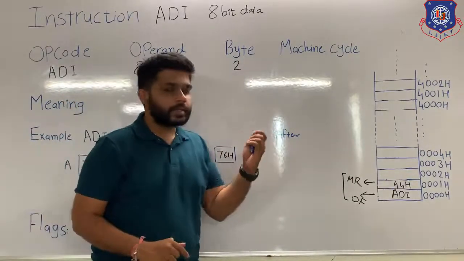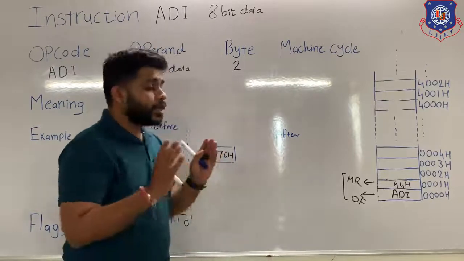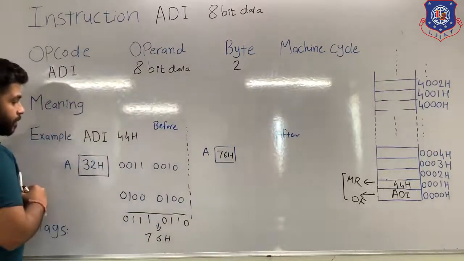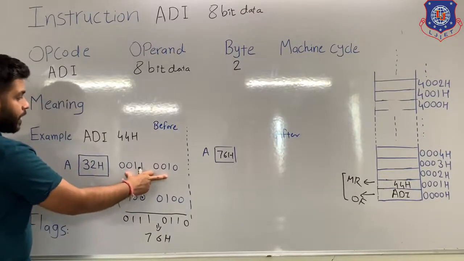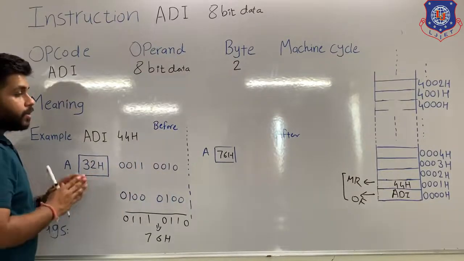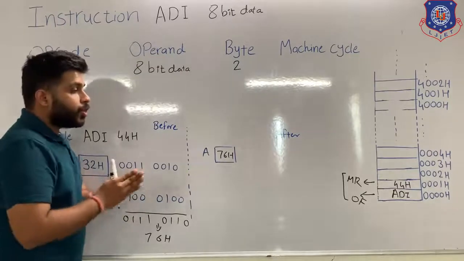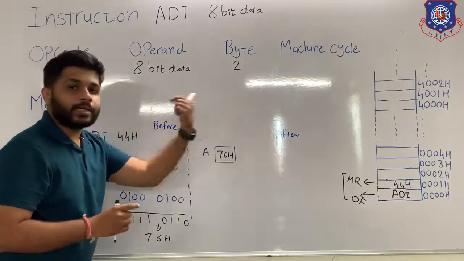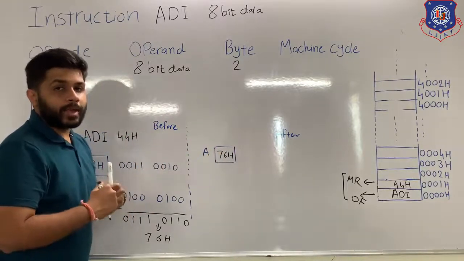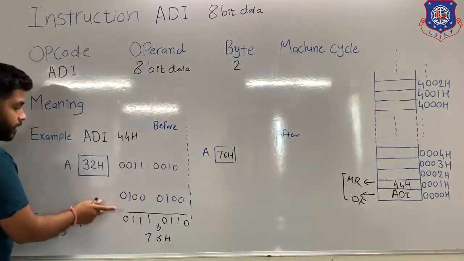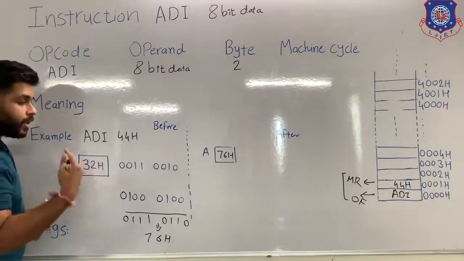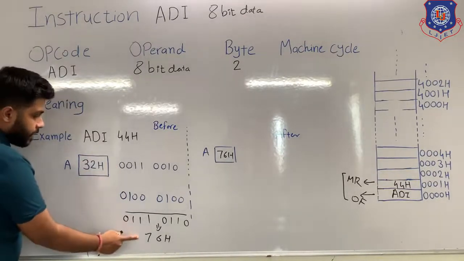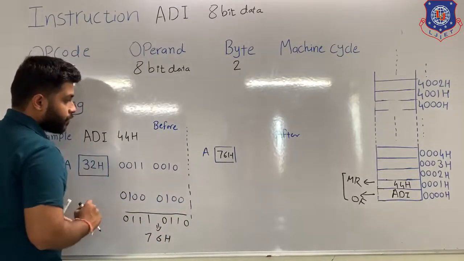Now pay attention during the execution process. During the execution, what is happening? The addition is being done between the accumulator and 44H. During the instruction read, the 44H is transferred from the memory to the microprocessor. So 44H is already present, and during the execution, the content of accumulator and 44H will be added and the answer will be stored in the accumulator.